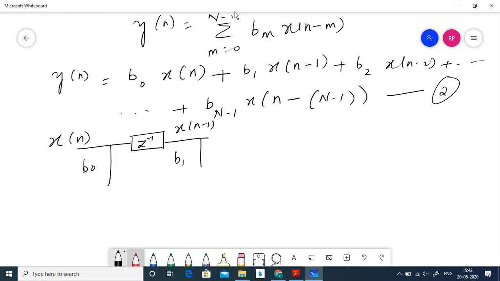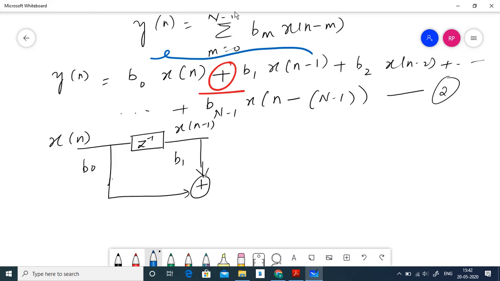Now if you observe, there is a plus term between the first term and this term, so I'm going to write that plus here. As a result, I can add b0 into x(n) with b1 into x(n-1). So right now we have completed from here till here.